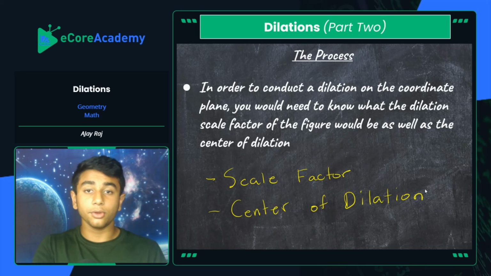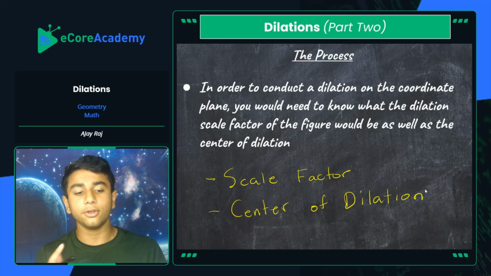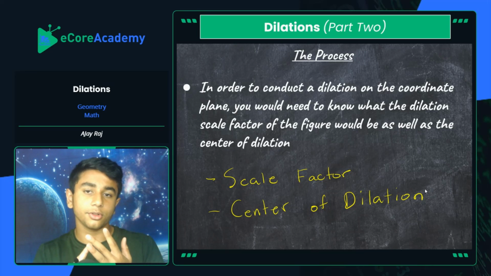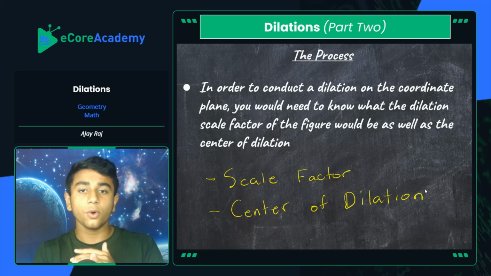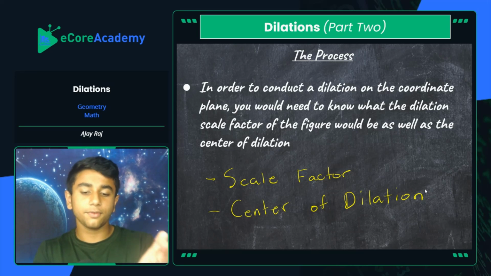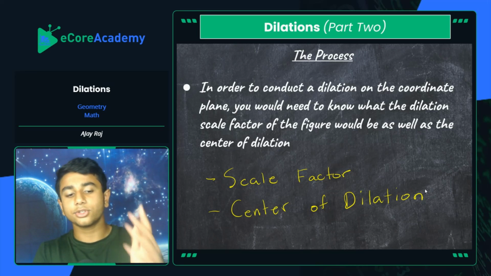For example, for rotation, you'd need the angle of rotation and the center of rotation. For a reflection, you'd need the line of symmetry or the axis of symmetry. And for translations, you would need your translation vector or your distance of slide. And for a dilation, of course, you would need your scale factor and your center of dilation.